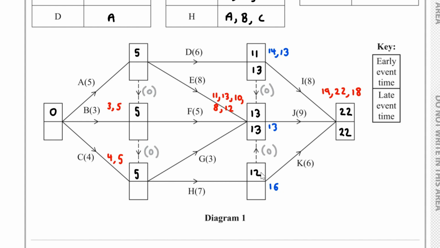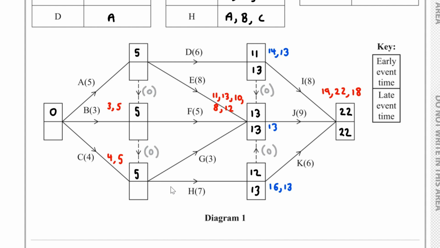Now, what's coming out over here is the dummy and this K6. So if we work backwards, we've got 13, take away the 0, which is 13. So the smallest one over here is the 13. Now, if we consider this over here, what's coming out is the G3 and the H7.